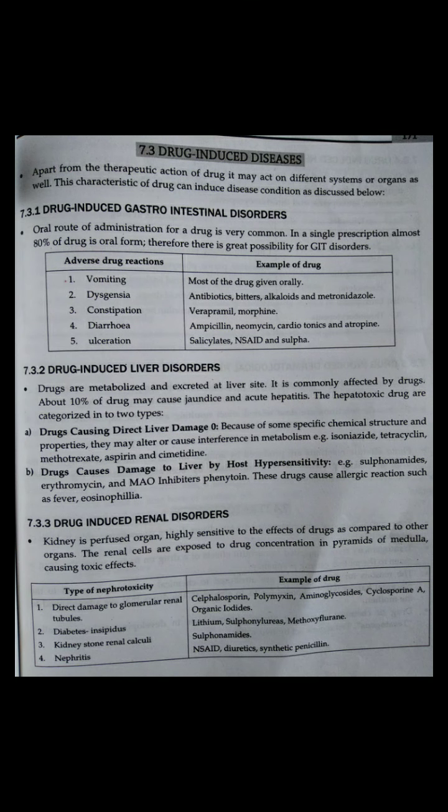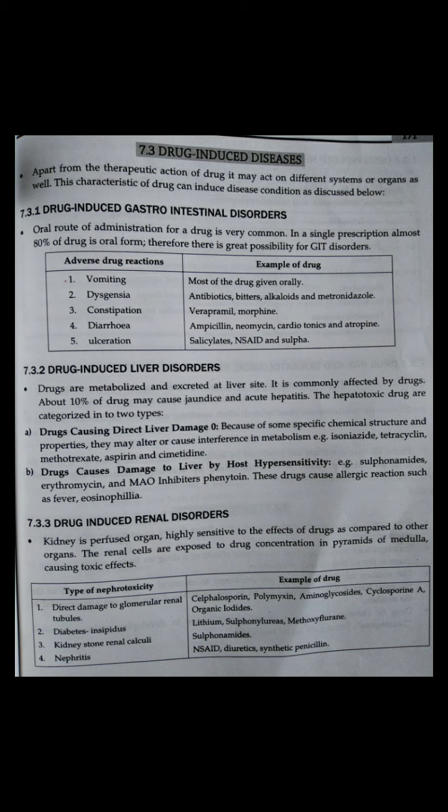Here, type of nephrotoxicity and example of the drug: direct damage of glomerular renal tubules, examples of the drug are cephalosporin, polymyxin, aminoglycosides, cyclosporin A and organic iodines. Then diabetes insipidus, example of the drug is lithium, sulfonylurea, then methoxyflurane.